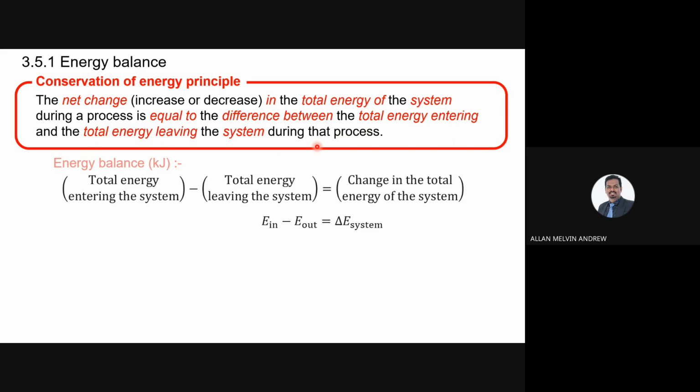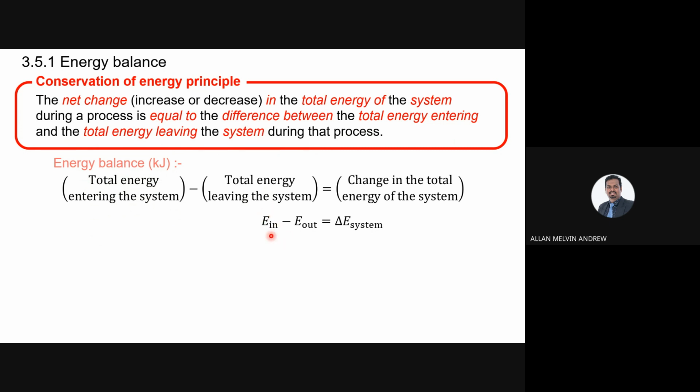So in kilojoule, whatever is entering the system is positive, minus what is leaving the system.